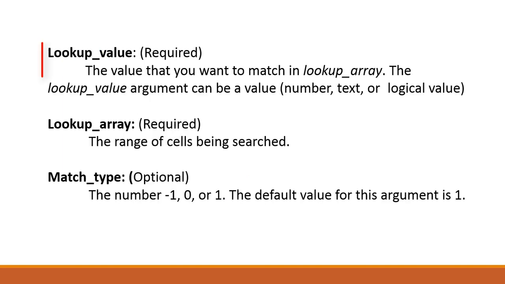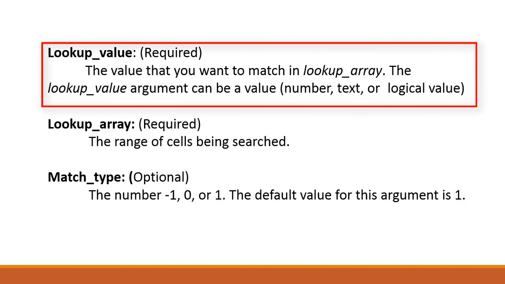First one is lookup value. It is just the value that you want to match in the lookup array. The lookup value argument can be a number, text, logical value, or anything.